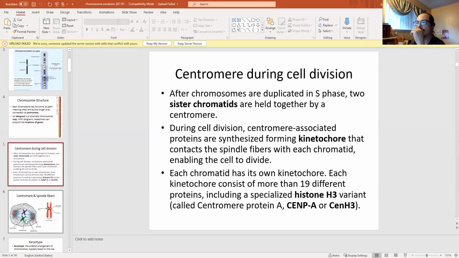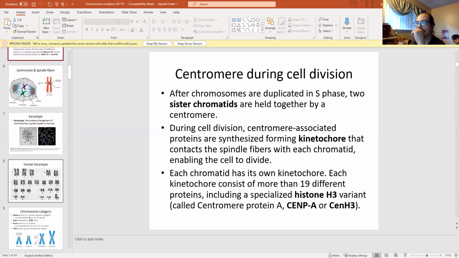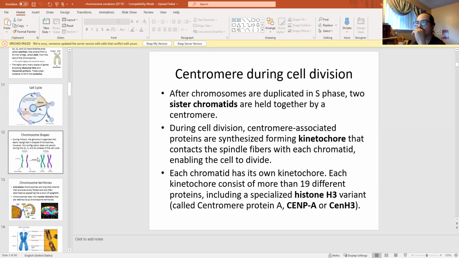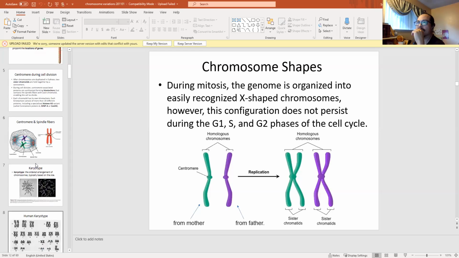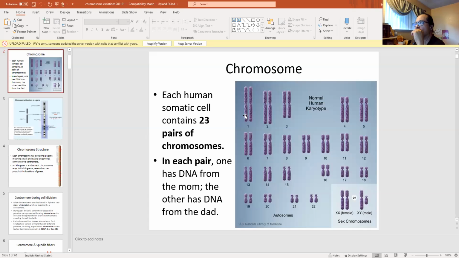So maybe better to show you this one here. This is the chromosome before the replication. You have one from mom, one from dad, right?